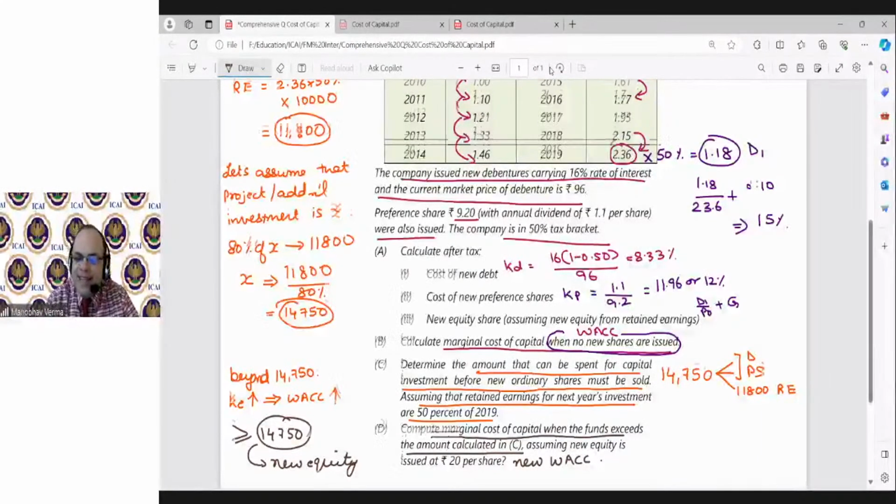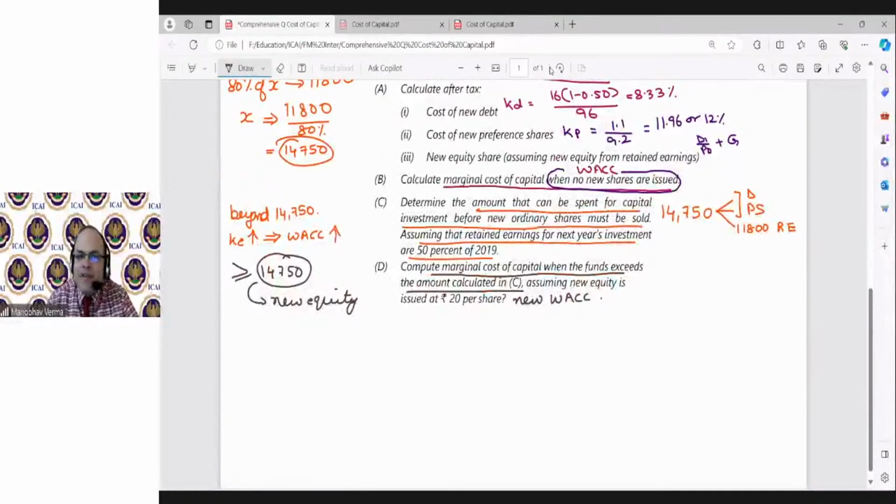But for me, it's not as easy. First, I have to calculate the new cost of equity, guys. What will be my new cost of equity now? Remember, my formula was D1 upon P0 plus g. We are talking about 1.18. We have already discussed this. We are using the same numbers. What changes is the denominator.